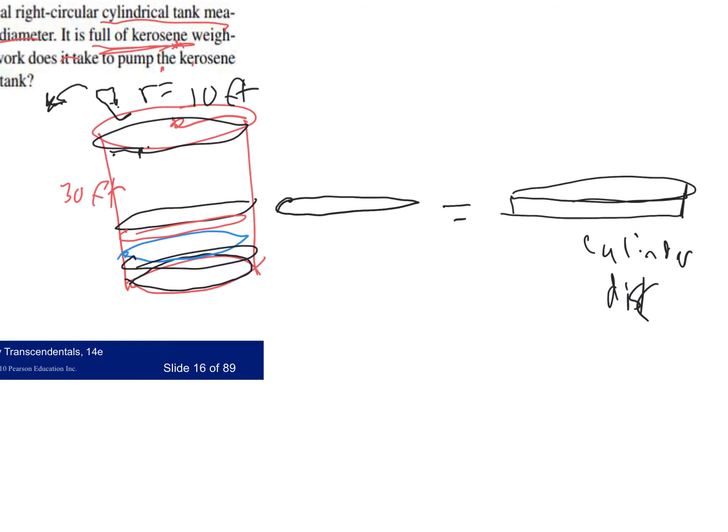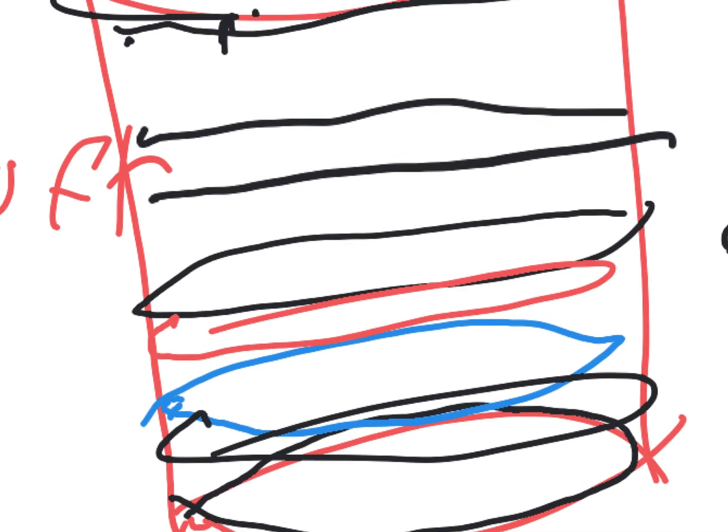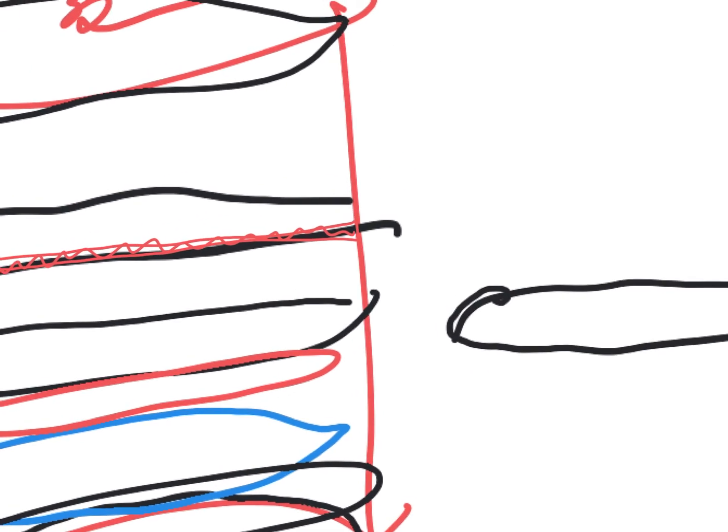Each of those paper plates, even though they're very thin, every one of these paper plates is nothing more than a disc of oil. Every one of these. And that disc of oil, let me erase this excess oil here.